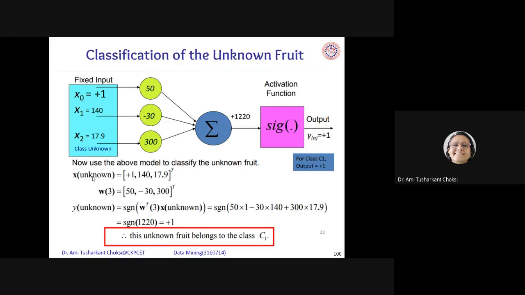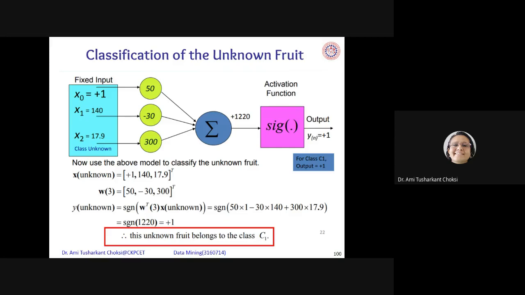For x unknown we have to represent it as the x inputs. The first x is the bias, x0 = +1, but we do not put a weight for it here. Then 140 and 17.9, for which we want to find the class, that is, whether this fruit belongs to class 1 or class 2.